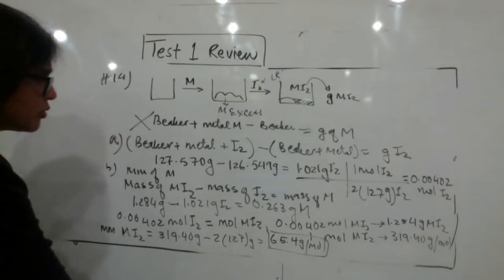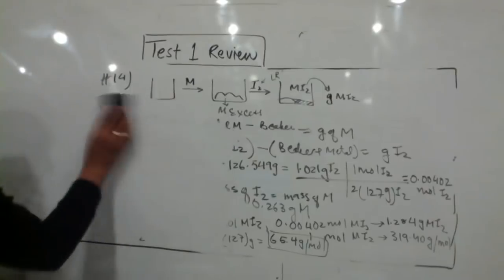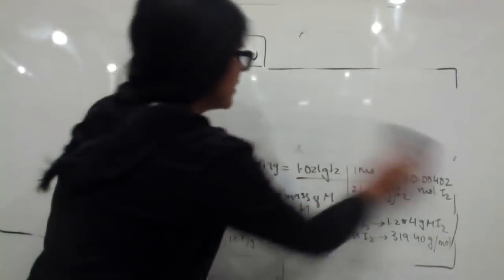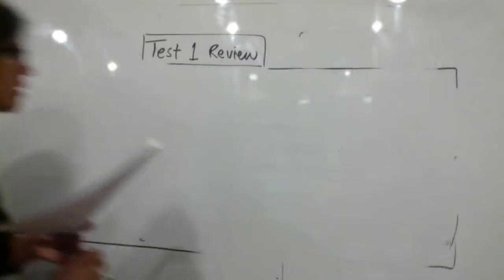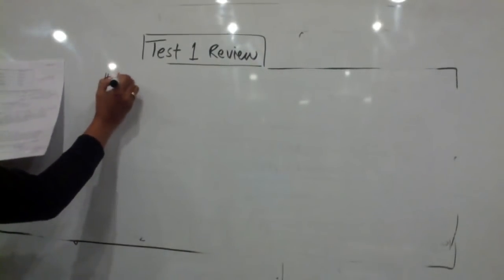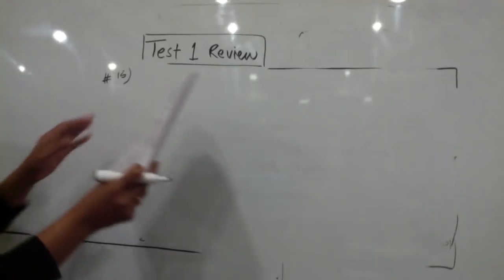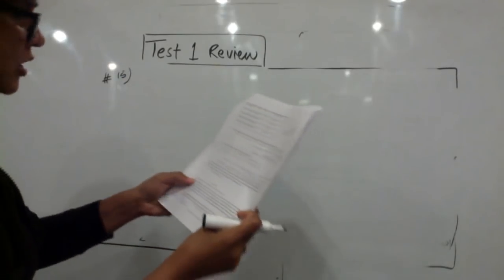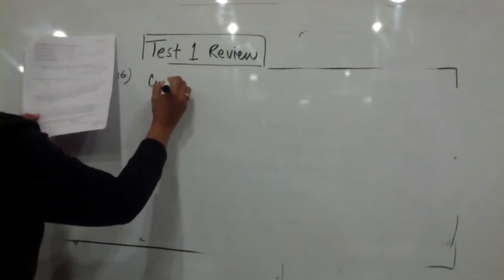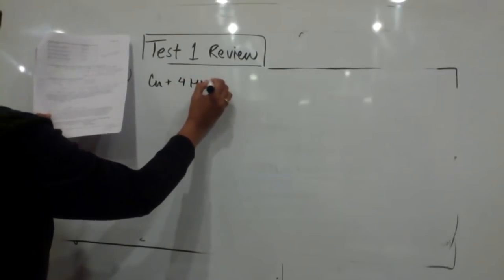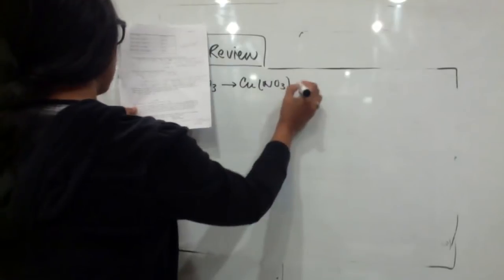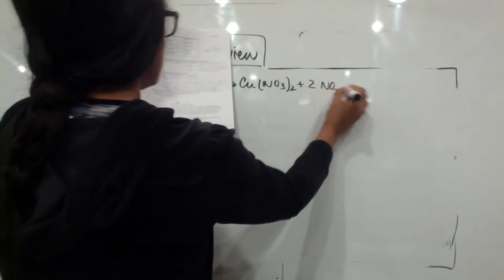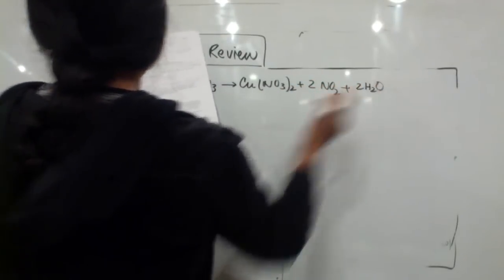Okay, now I'm going to move on to number 15, the last problem on this. Number 15 is a lot of information. Copper reacts with 4HNO3 to form Cu(NO3)2 plus 2NO2 plus 2H2O.